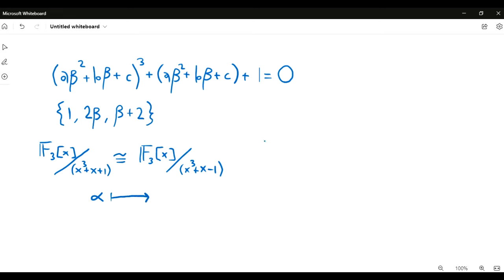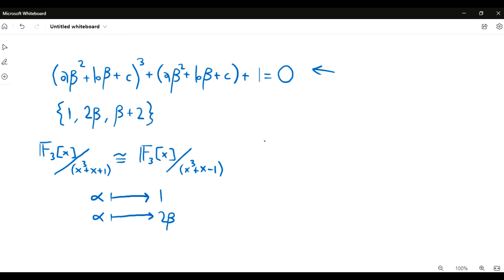And we decided that that would determine the whole isomorphism. And so now this is actually the solution, right? So we found these three solutions to our equation up here. And these end up being the three places that we can send alpha.